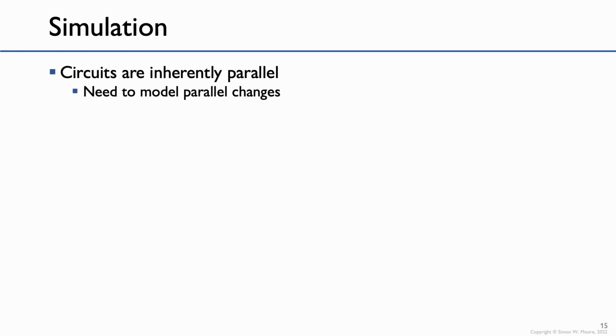Before implementing our design, we always simulate it to check the functional correctness. Of course, circuits are inherently parallel, and we need to model the parallel changes within those circuits.